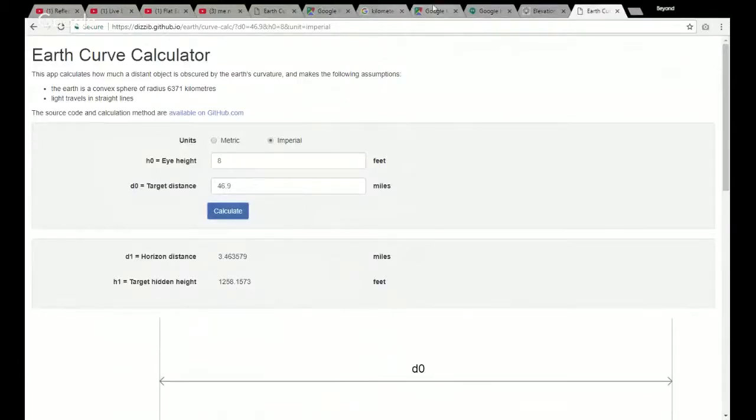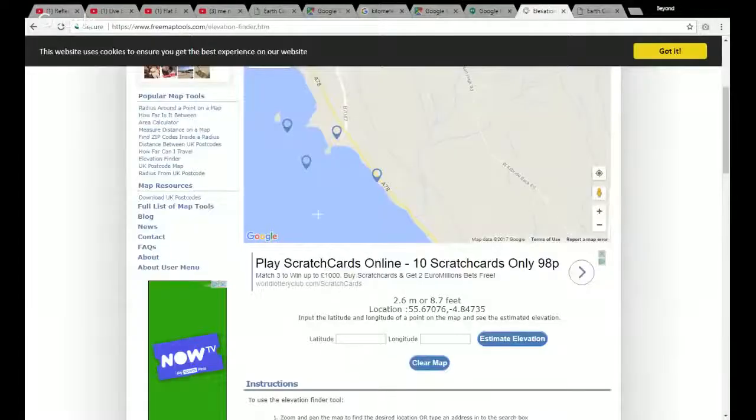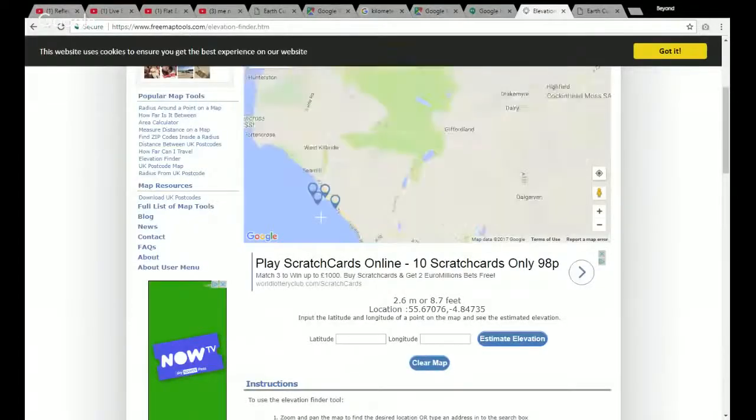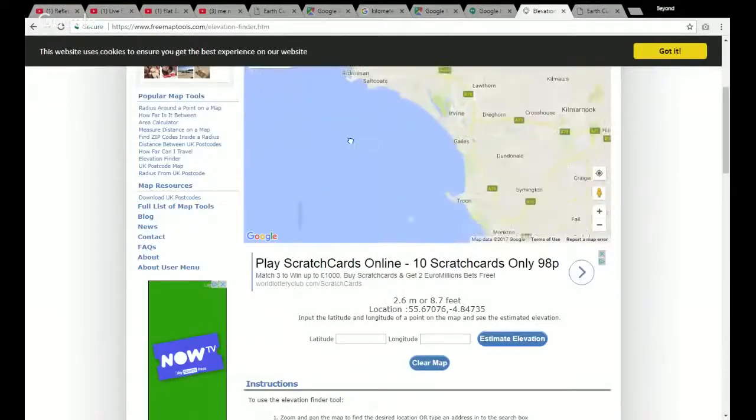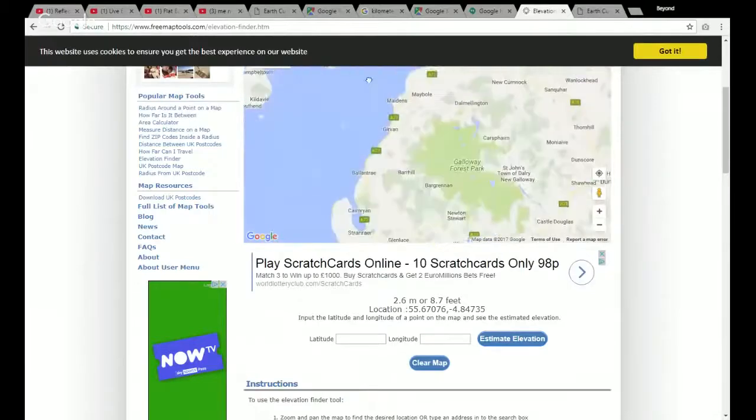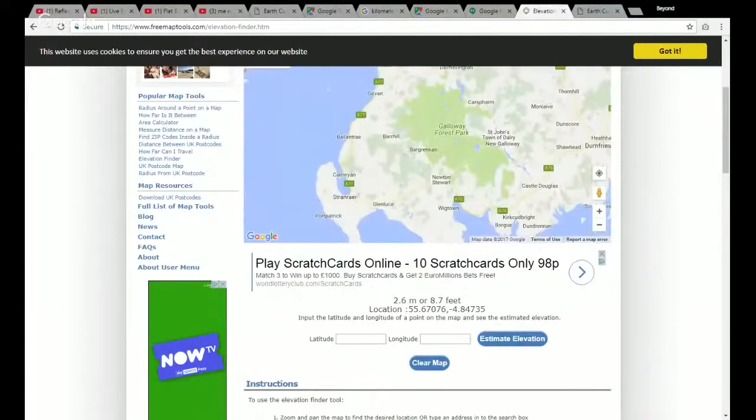Right. So again, I'm going to go back to the elevation finder, and I'm going to come across to the landmass here and randomly dot it.